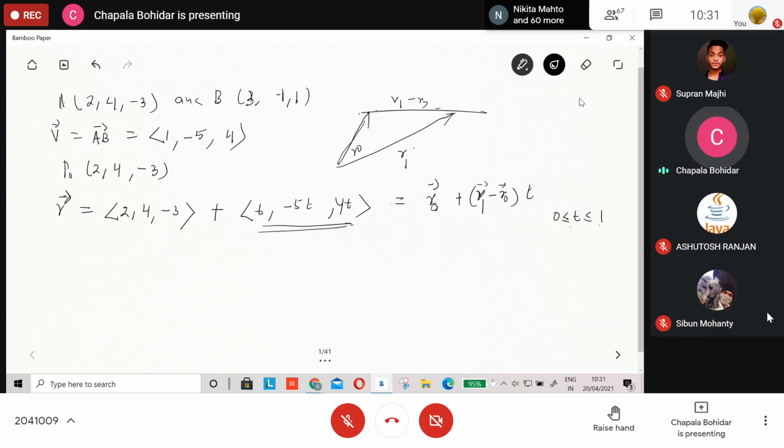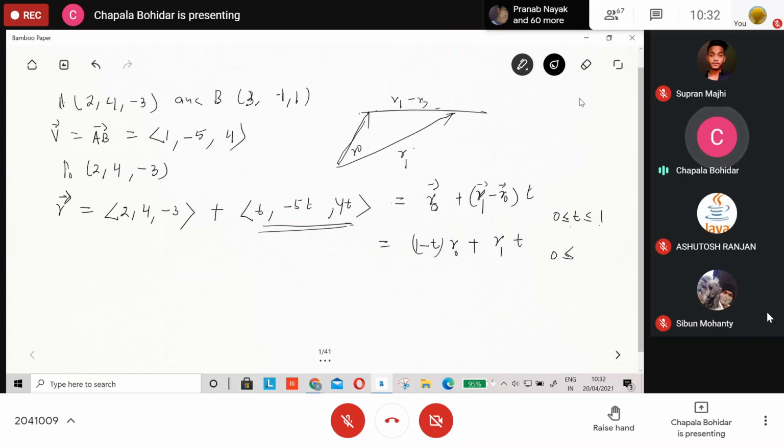I can also write this as (1 minus t) into R0 plus R1 t.